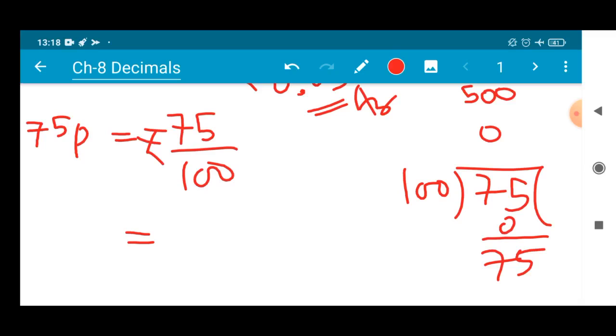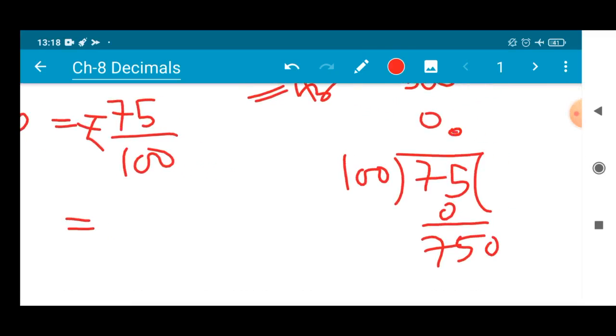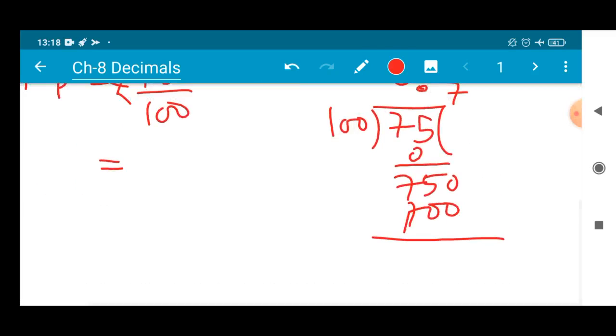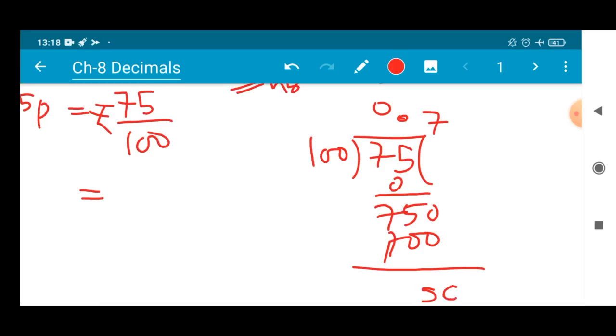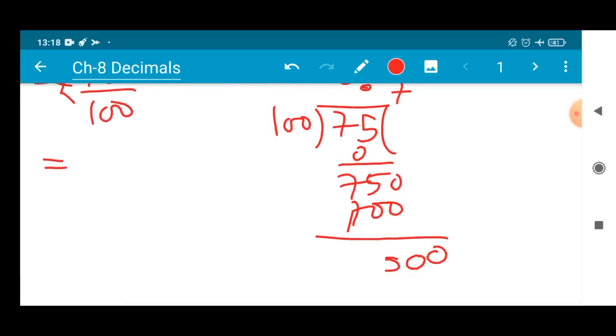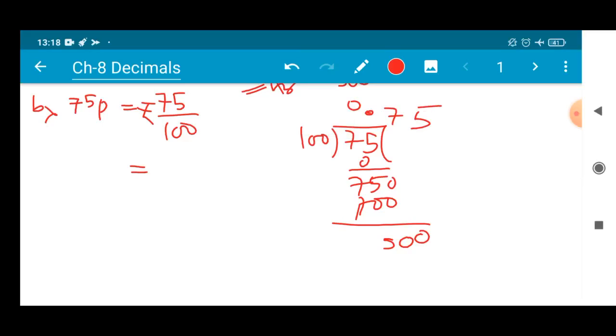There is no number, so we can use the point. So 100 into 7 is 700. Until and unless we get the remainder 0, we can take the help of the point. Because of the point we can get 0. 100 into 5 is 500. So the value here will be 0.75. Okay, so I hope you guys understood. This is the way of expressing paise into rupees and conversion into its decimal form.